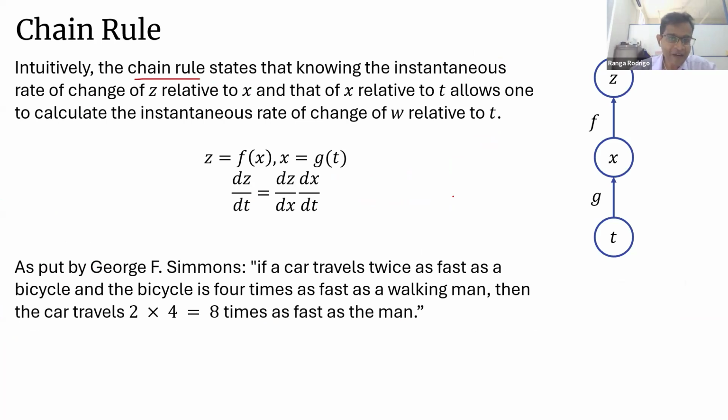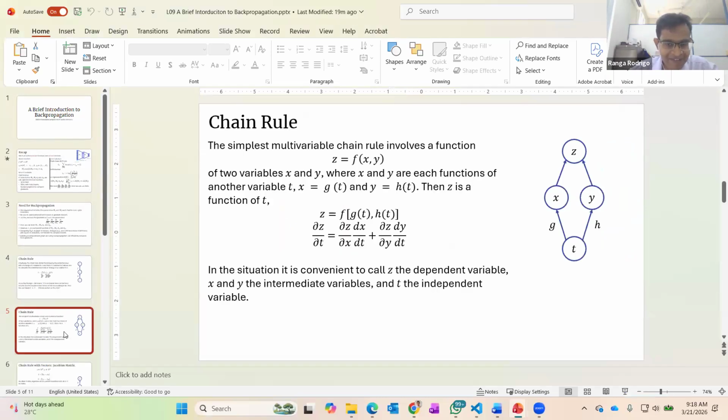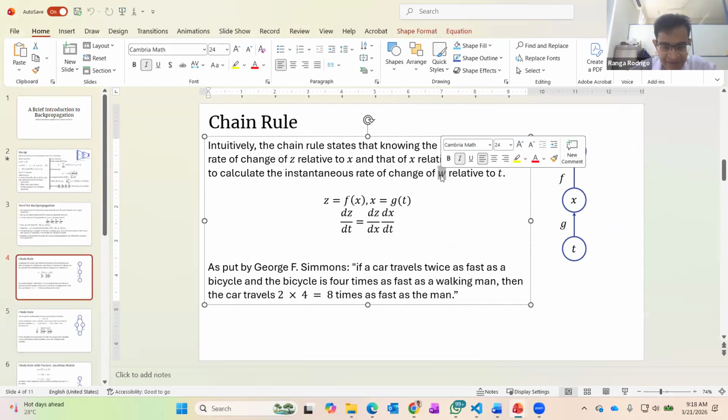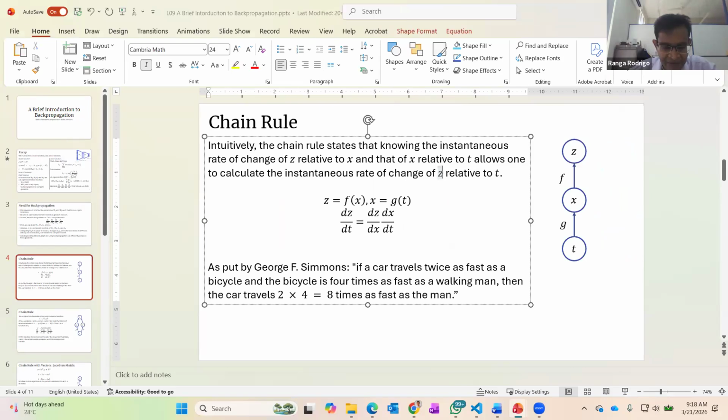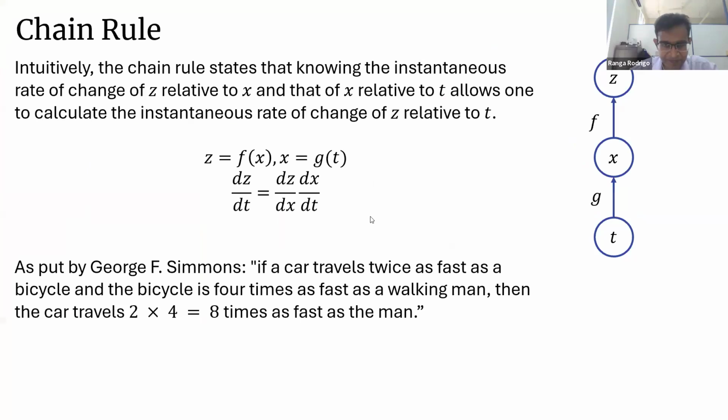It states that knowing the instantaneous rate of change of z relative to x, and that of x relative to t, allows us to calculate the instantaneous rate of change of z relative to t.